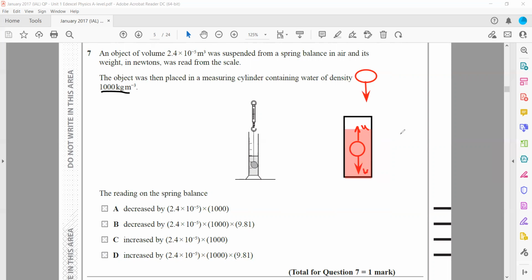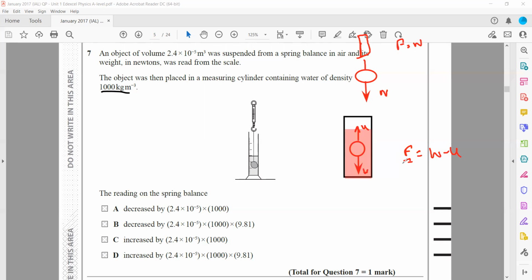When the spring balance was connected in air, the force was equal to the weight of the object. But here, the force on the spring balance will be W minus U, so it will decrease by the upthrust. The total weight minus the upthrust will be the reading on the spring balance.